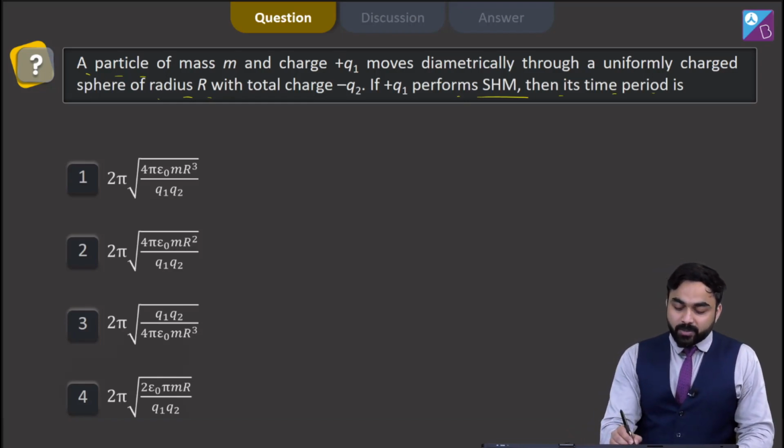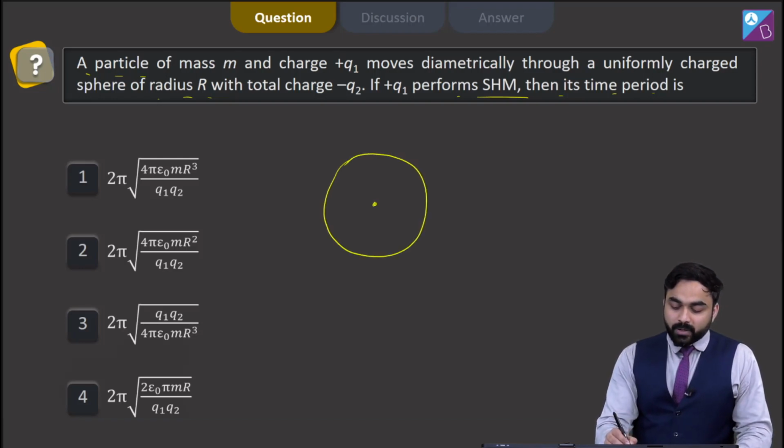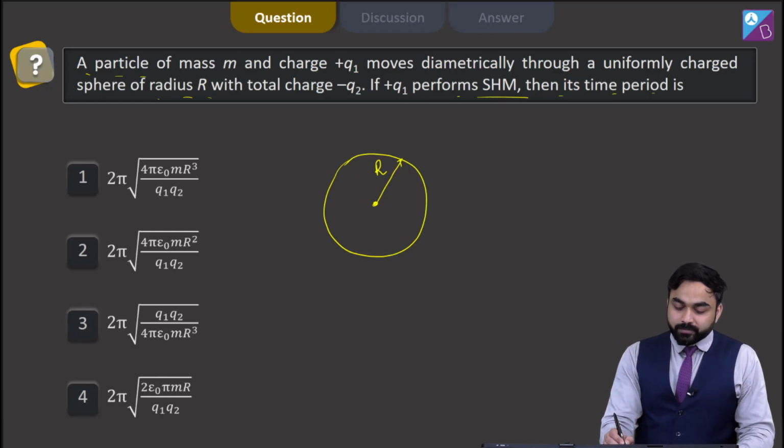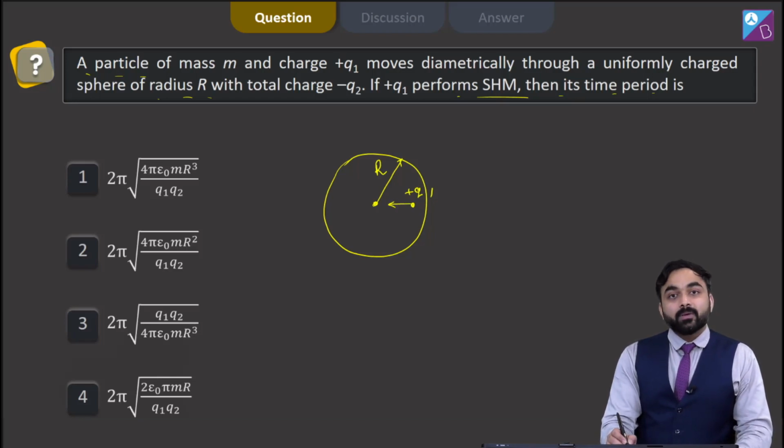So we have an arrangement where we have a sphere of radius capital R, and a charge plus q1 moves diametrically through a uniformly charged sphere of radius R, correct? So we have plus q1 charge that is moving diametrically.